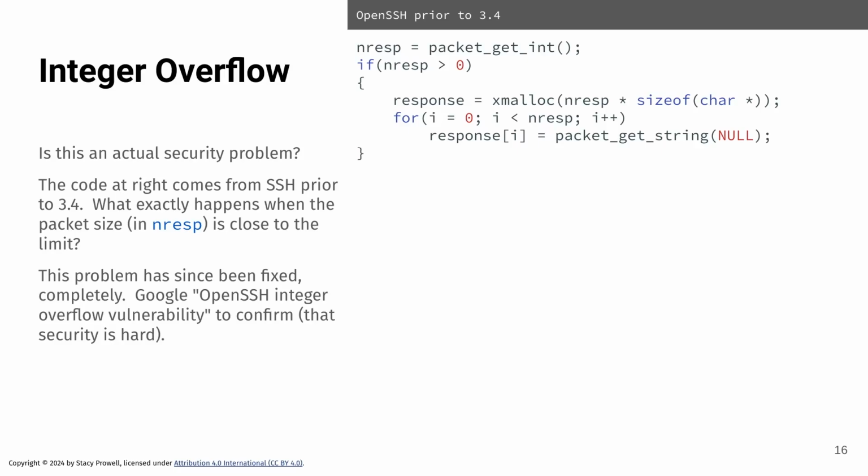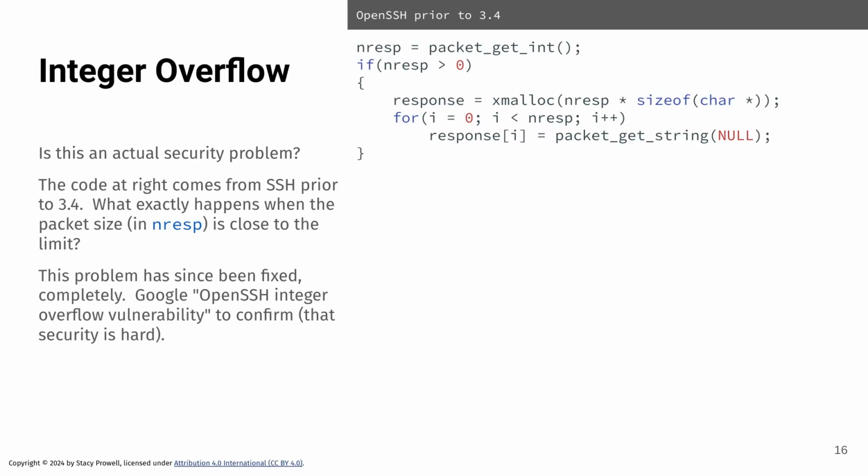We have this thing called packet get int that returns something in resp, number of responses. If it's greater than 0, then we do an xmalloc. We basically do a malloc of the number of responses times the size of a char pointer. Character pointer is probably 8 bytes.